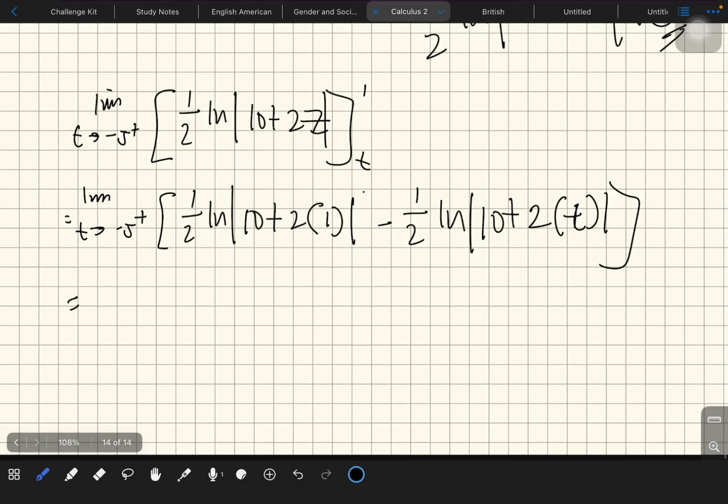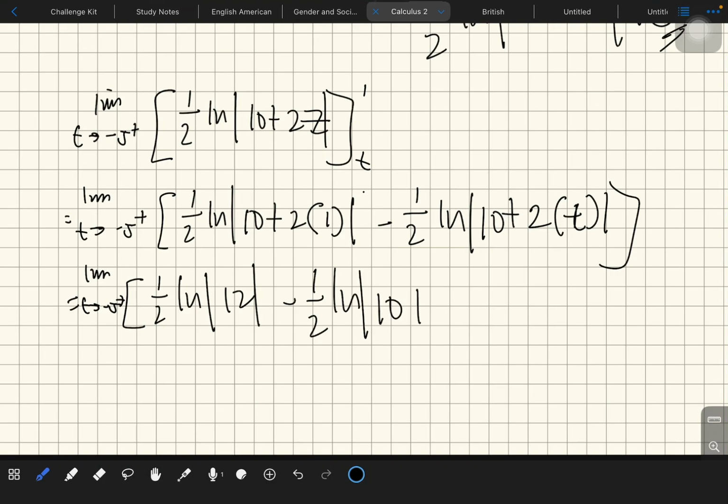So this will become the limit where t approaches negative 5 from the right, 1/2 ln 12 minus 1/2 ln, just copy, 10 plus 2t.